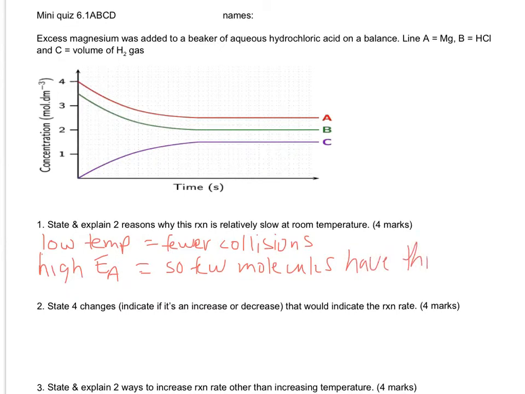A few molecules have this amount of energy. And then the other one I'm surprised that none of the groups mentioned, but you maybe just have a low concentration of HCl. Maybe you use 0.001 molar HCl, so there aren't many molecules available, which will slow down your reaction rate.